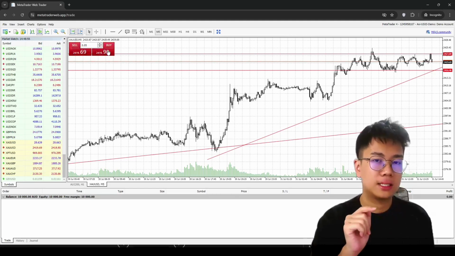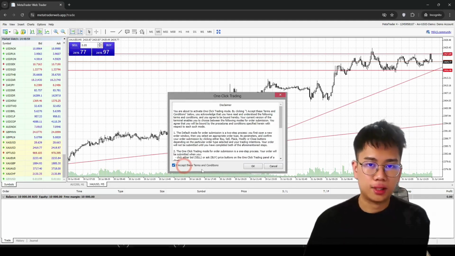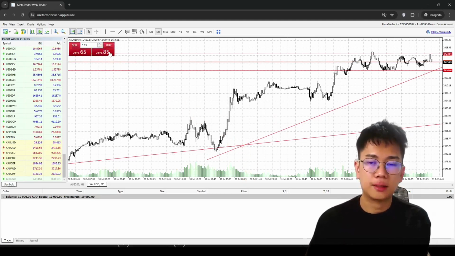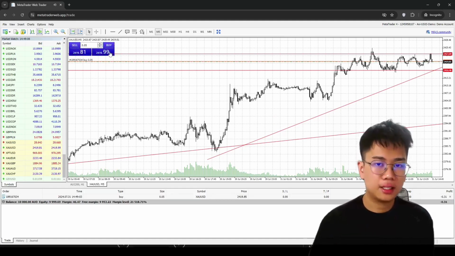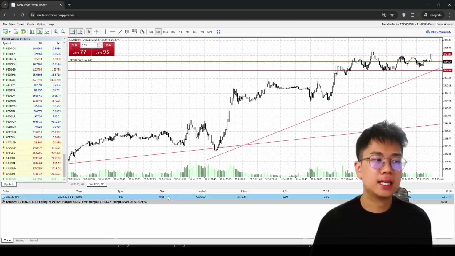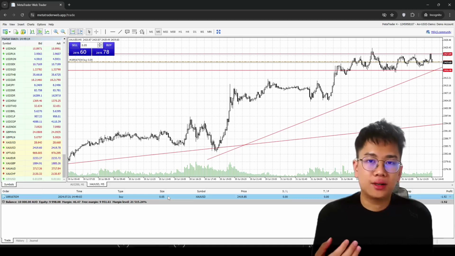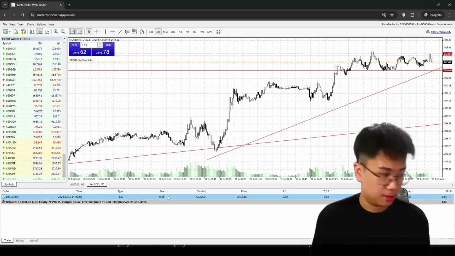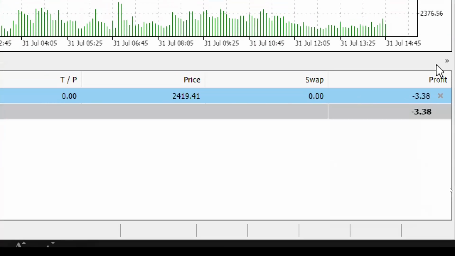Just click on this buy button, then tick OK and click for buy. When you enter a buy, you will see a trade opening over here, indicating that you have already bought the market. You also see that the market starts to move up and down.